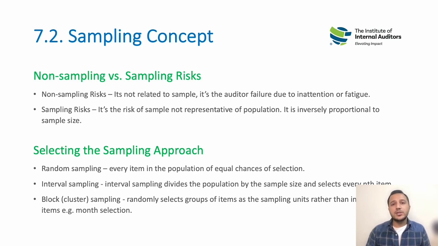Block or cluster sampling is where you make groupings within the entire population of employees. Maybe these 5,000 employees are situated in 5 countries, so 1,000 employees in each country.